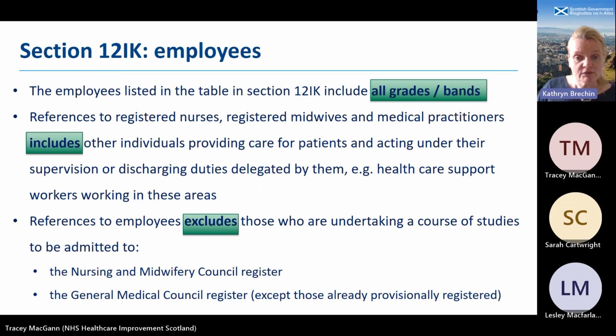So, for example, if a registered nurse is supervising a healthcare support worker and delegating duties to them, then they will be included within that staff group, and will be included in the staffing level tool.